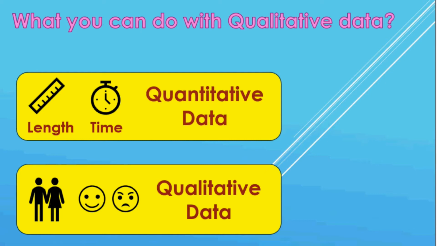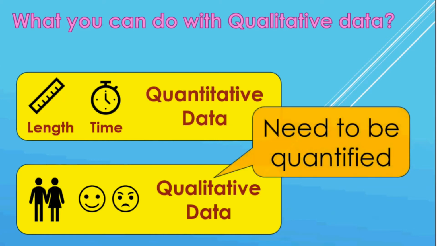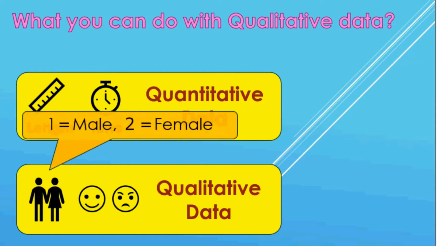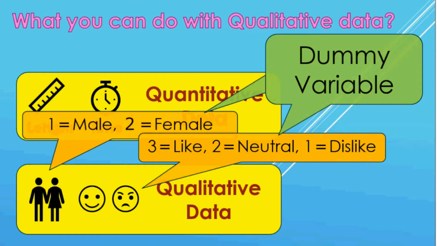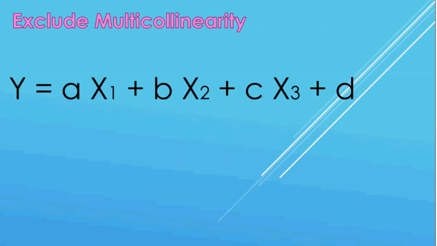You can use those data in multiple regression analysis too, but they need to be quantified. You can apply numbers like 1 for male, 2 for female, or 3 for like, 2 for neutral, 1 for dislike, and so on. This variable is called dummy variables.